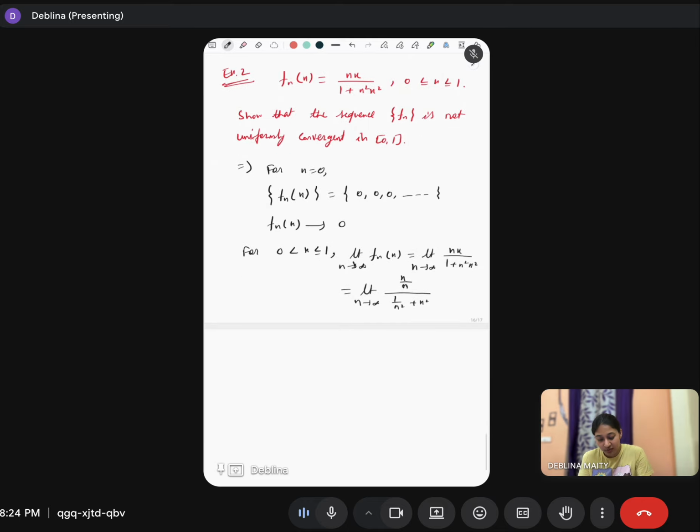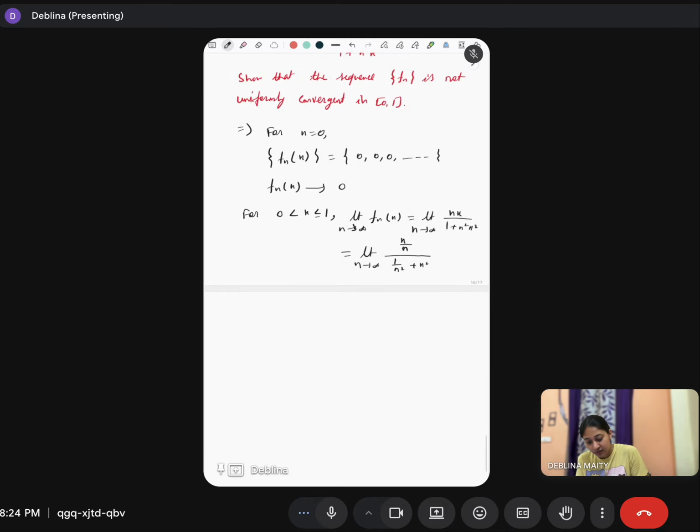Since x is not 0, this is going to be 0, right? So nx goes to 0, also for 0 to 1, so the limit function is the 0 function.